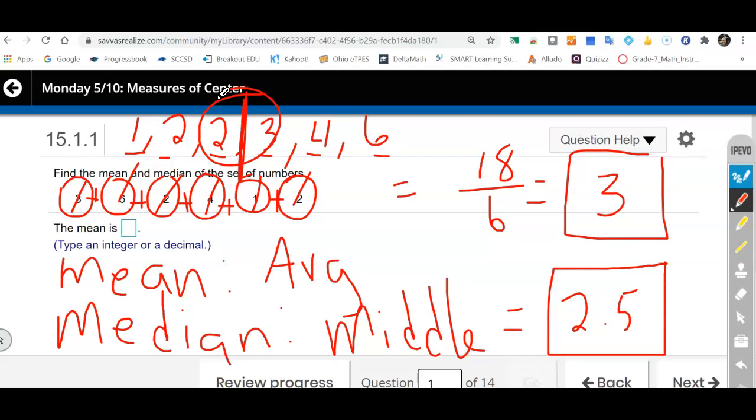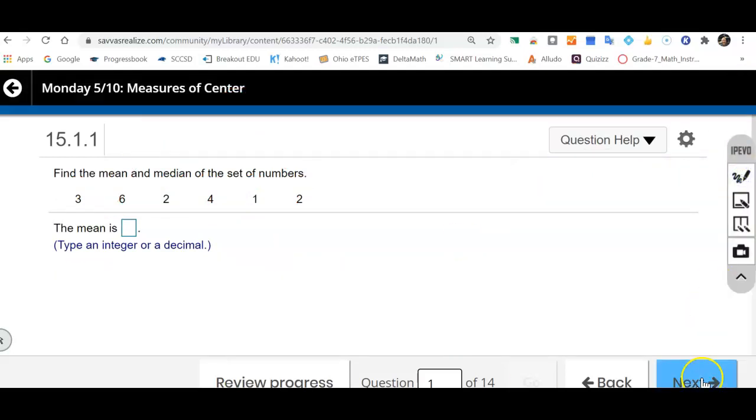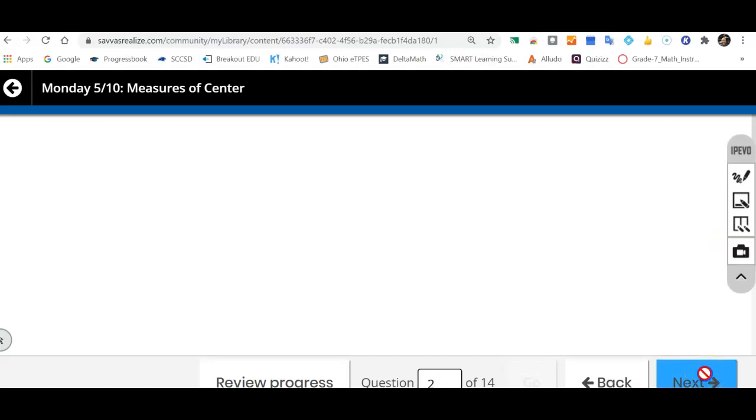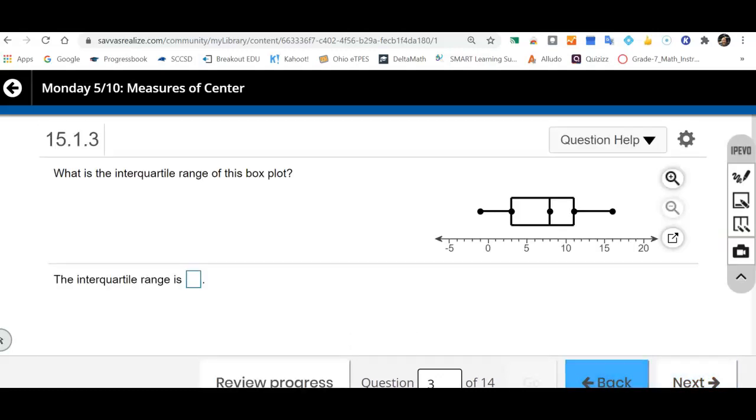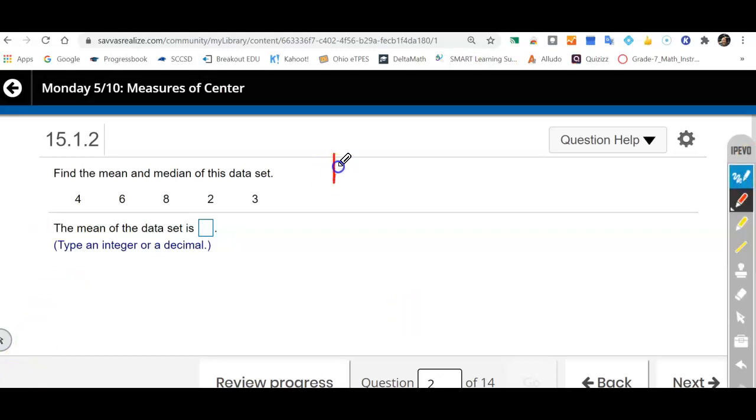All right. We're going to try one then. Okay, no, I don't want to do that one. Yeah, we'll do that one. Go ahead. Find the mean and median of this data set. All right, so let's go with the mean. What is the average? What'd you get, Mime? 4.6. Is that correct?